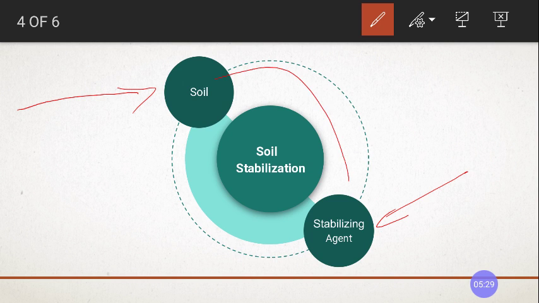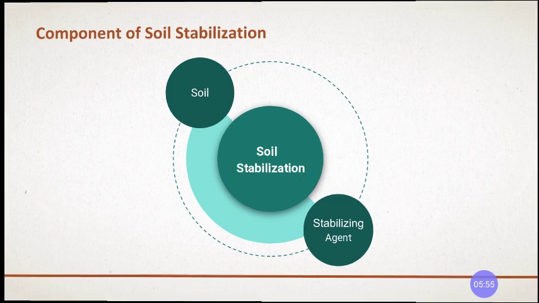When we mix these two and consolidate it, we'll get a stabilized soil. These are the components: soil, stabilizing agent, and the product, stabilized soil, right?